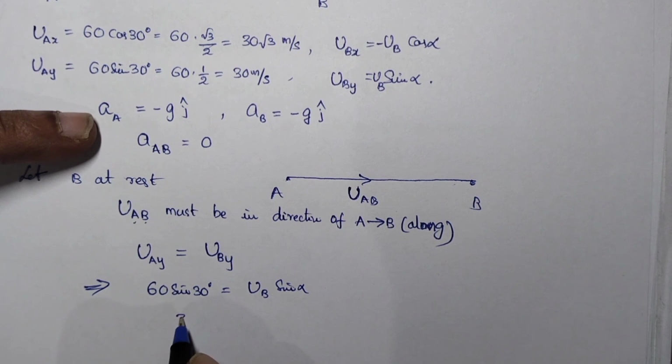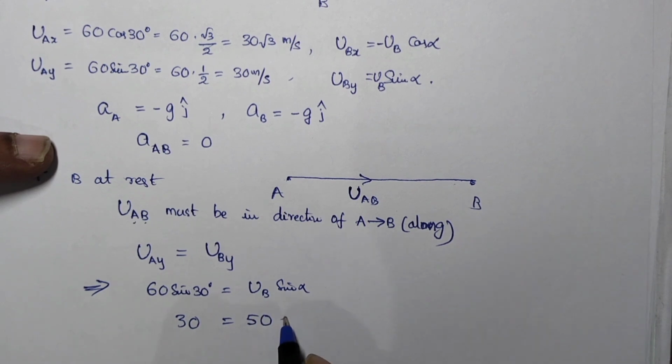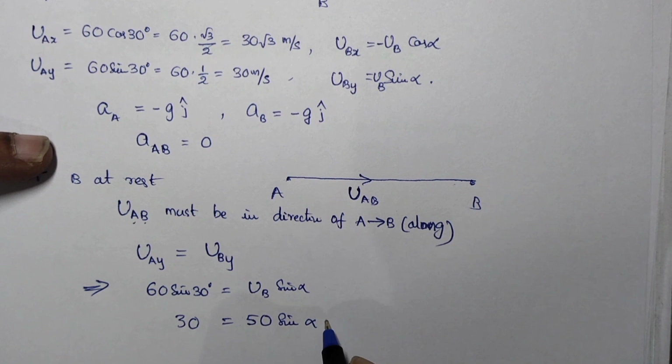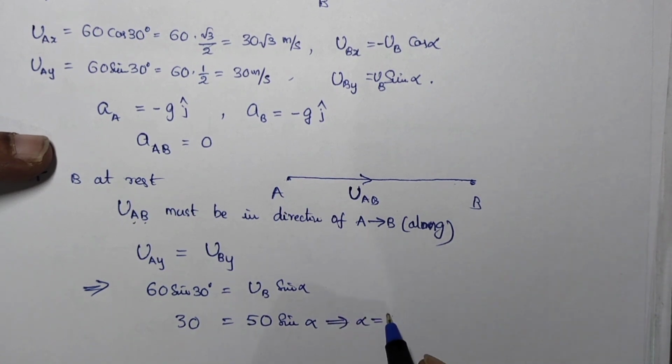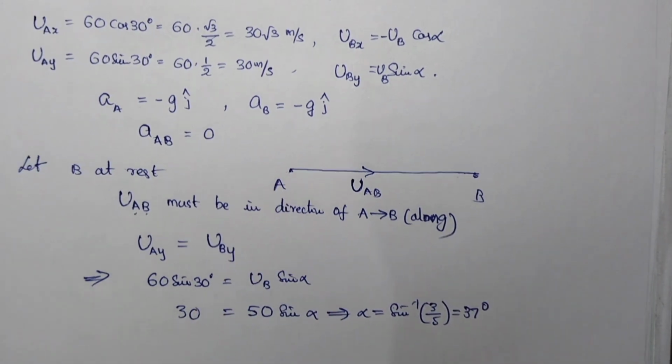That is 30 equals 50 sin alpha. That implies alpha is equal to sin inverse 3 by 5. The angle is 37 degrees. So at this angle only they will collide.